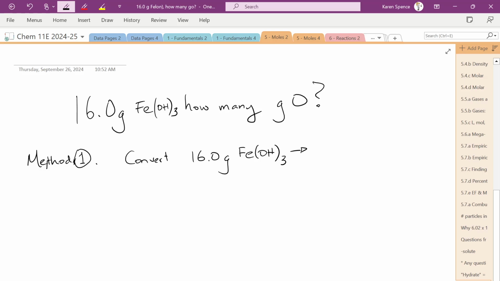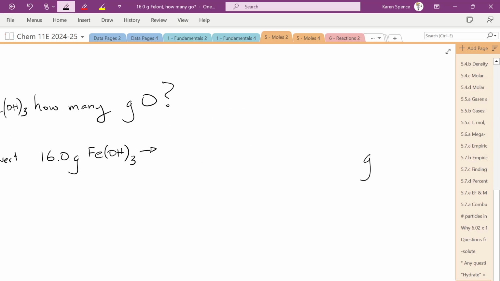Did anyone do it by conversion? We eventually want to get to grams of O. Yeah, you could change it into moles of FeOH3.